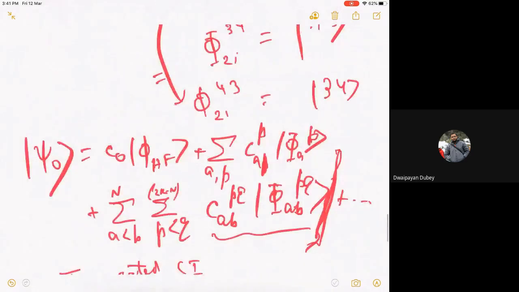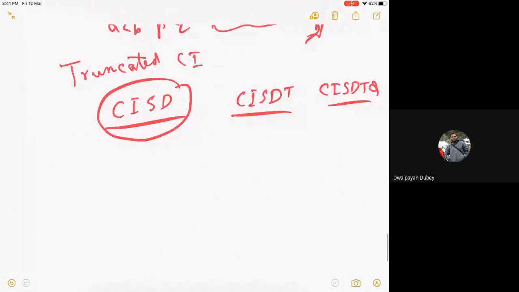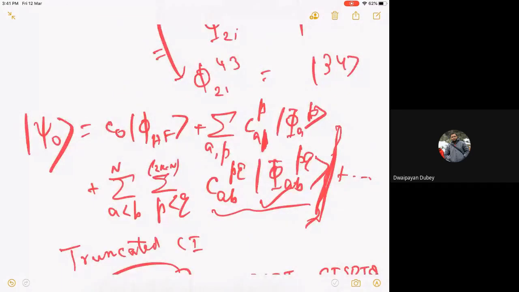Within the singles and the doubles, as I told you, it is understood that the doubles are more important, because the electron correlation, I will later tell you, occurs in pairs. So very often, in the old days, people simply did CI doubles, not even singles. So you just remove this part.